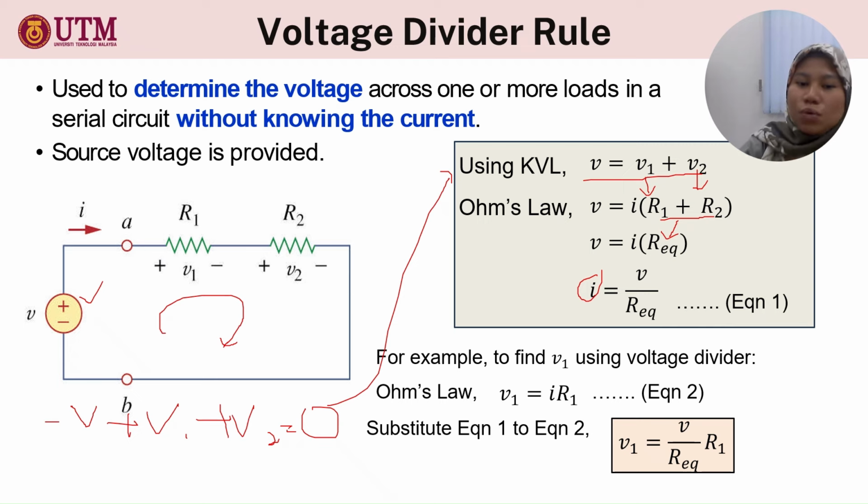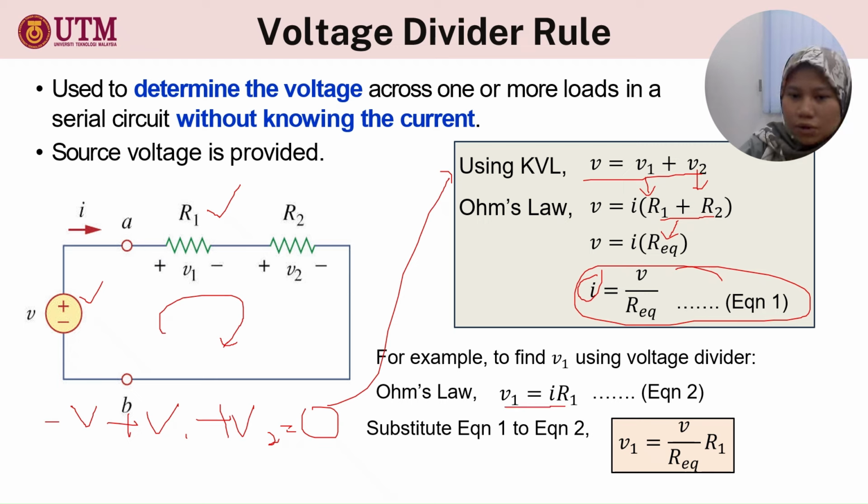Okay, I want to show you guys. I haven't shown the correct equation yet. So we have this, the equation number 1. So for example, if you want to find the voltage across this R1, so V1 is equal to IR1. This is Ohm's law, we know that.